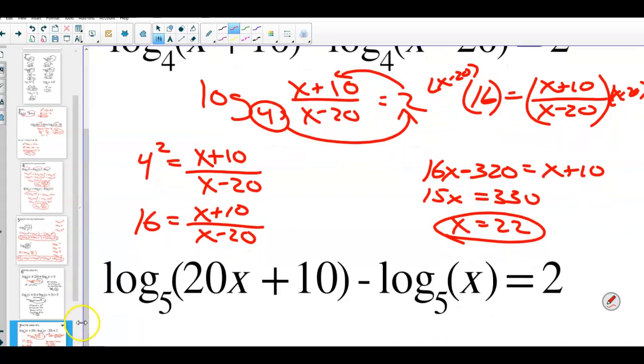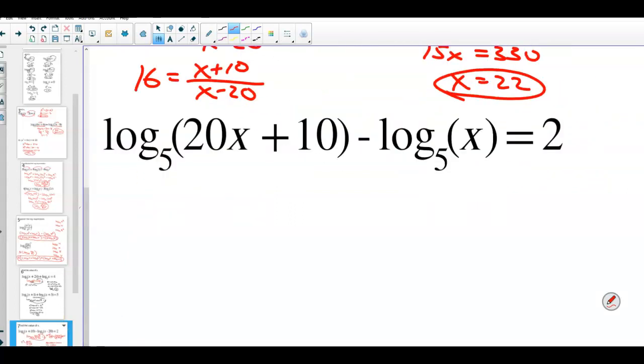On the bottom one, log base 5 of 20x plus 10 over x. So 20x plus 10 over x, that's going to equal 2.